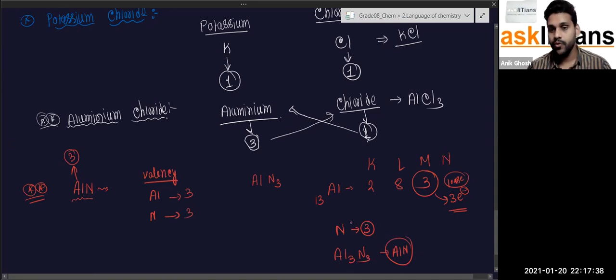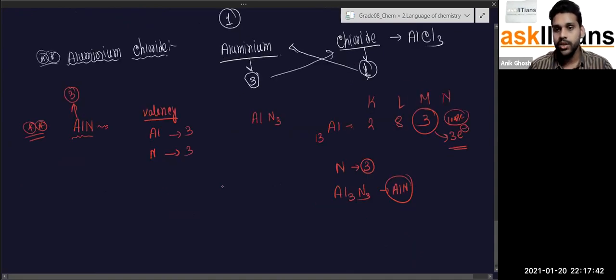Otherwise, if you want to clarify whether the valency of nitrogen is 3 or not, what you have to do is write it like here, K L M N like that. Nitrogen has the atomic number 7, configuration 2, 5. So here there are 5 electrons. It wants to take 3 electrons so that it becomes 8 like the inert gases.